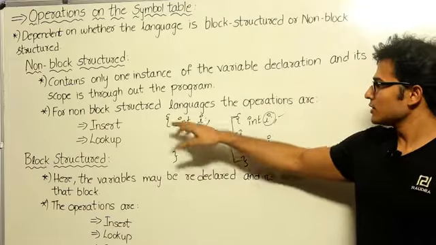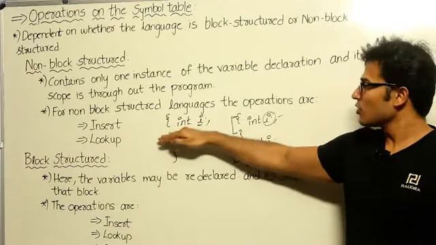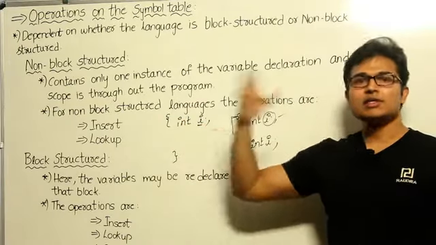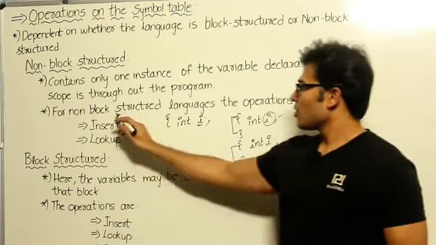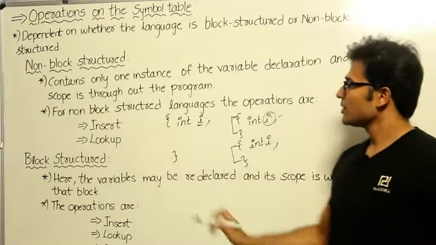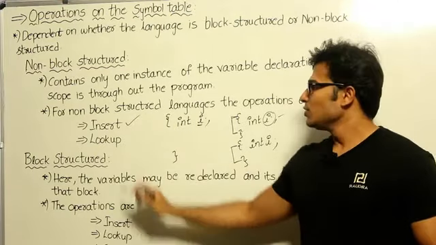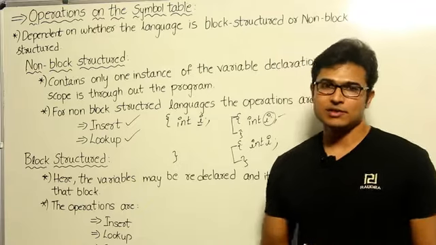So we are going to see this throughout the program. We are not going to declare it again and again. Therefore once you insert an entry for I, you need not change it at all. That is the meaning of it. So that is why for non-block structured languages, the operations are insert an entry, and once you insert it, you just look up whenever it is needed. You just look at the entry whenever the information is required.